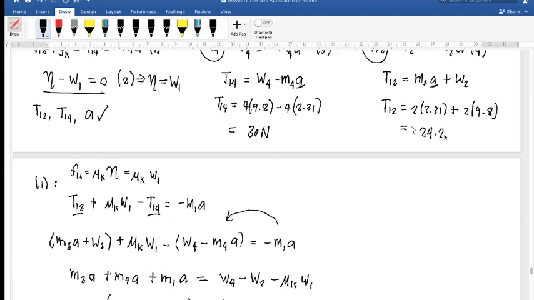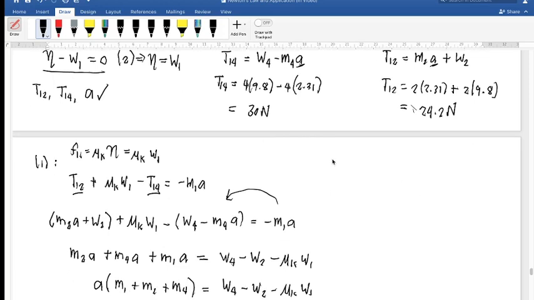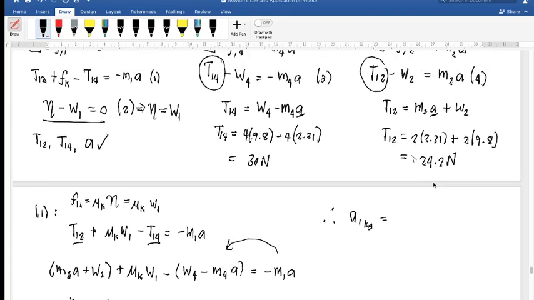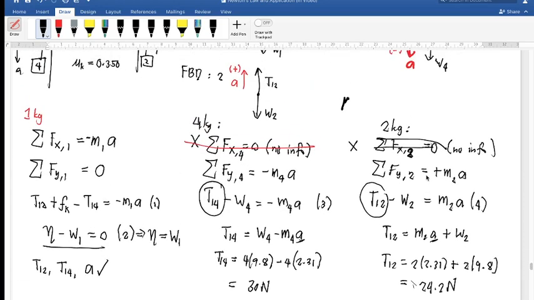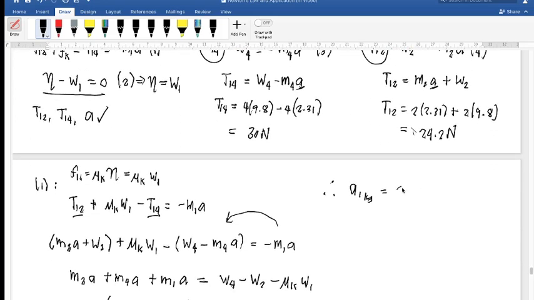Okay, this is 24.2 Newton. So therefore, our answer is: the acceleration of 1 kilogram is equal to 2.31 meters per second squared to the left, or you can put this as negative 2.31.